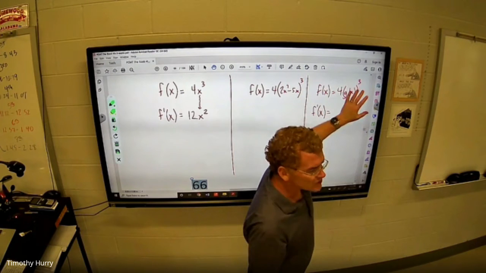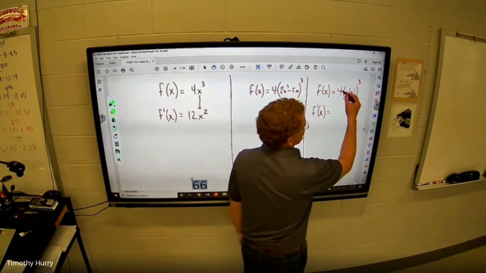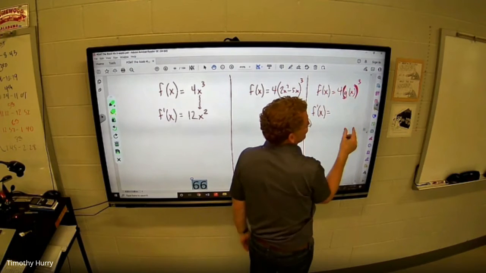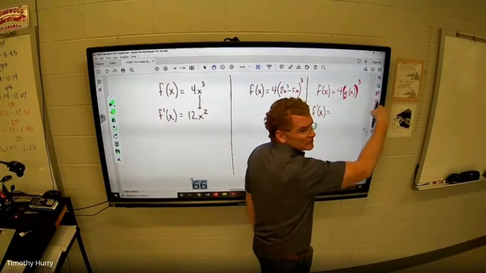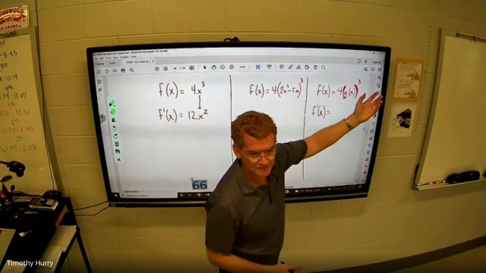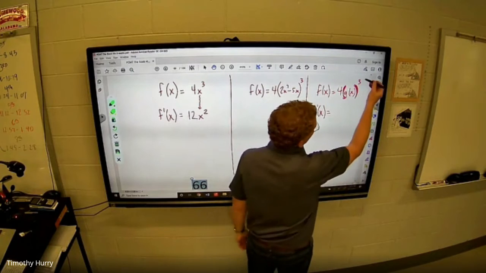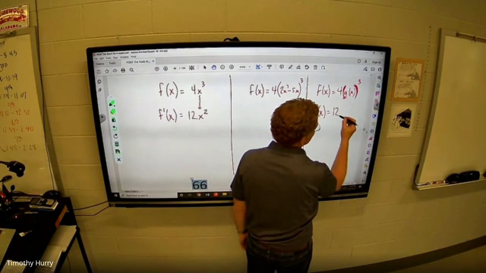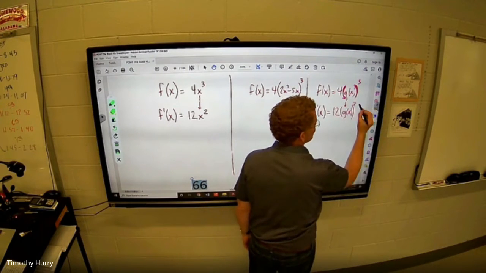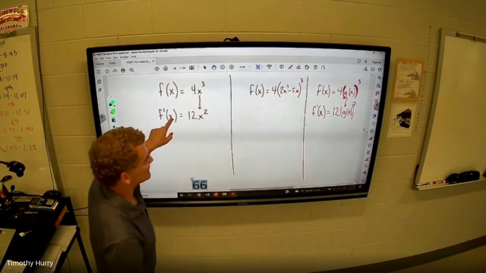So what I do when I take a derivative is I go, all right, let's ignore the function on the inside for the moment, and let's deal with the outermost function. And the outermost function is I'm cubing it. Okay? And I would go, all right, well, 3 times 4 is 12. Copy that function down. Decrease the power by 2. And that's what I did here, right?